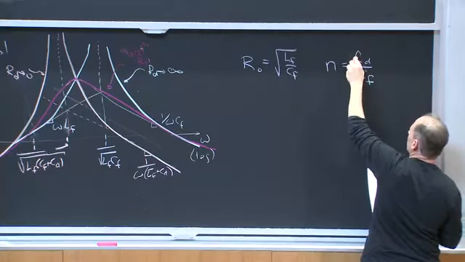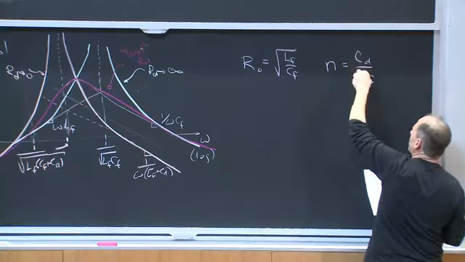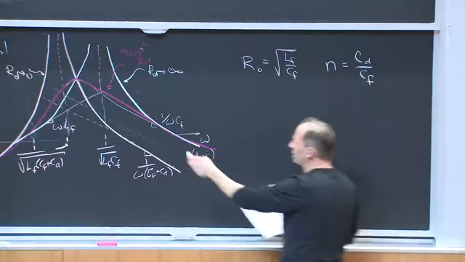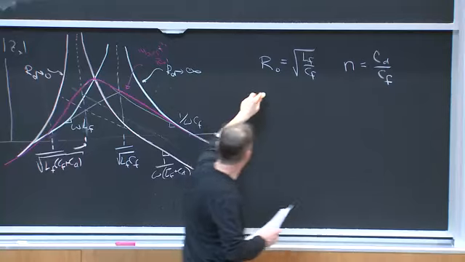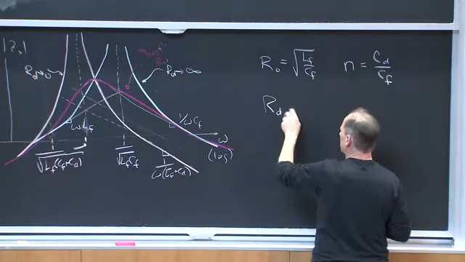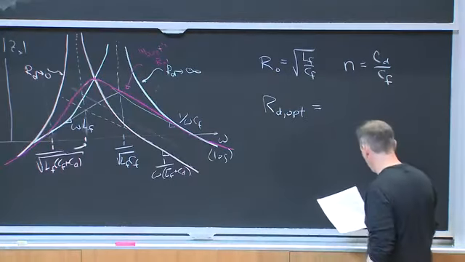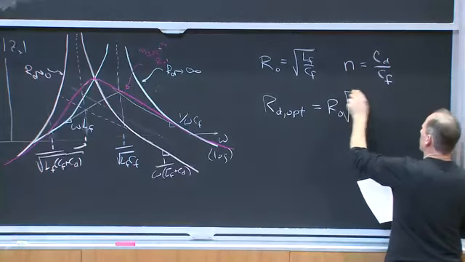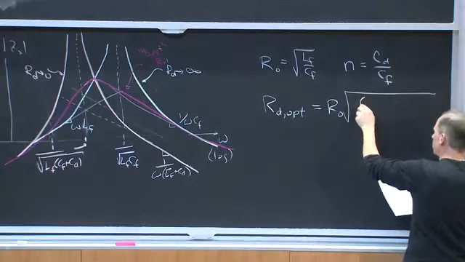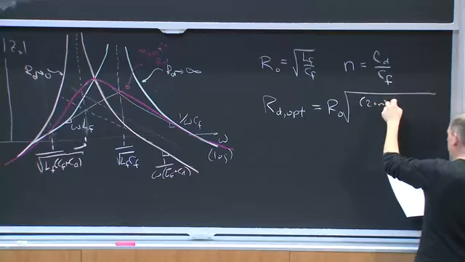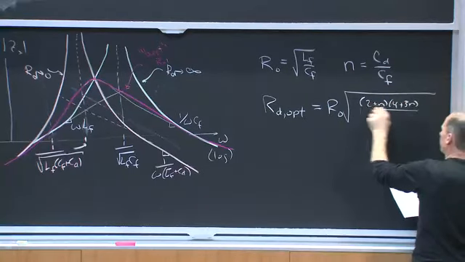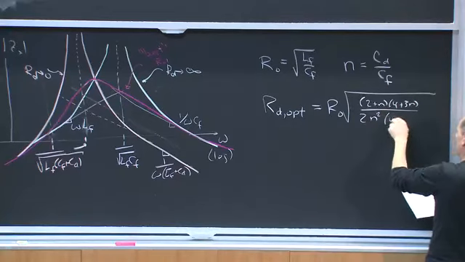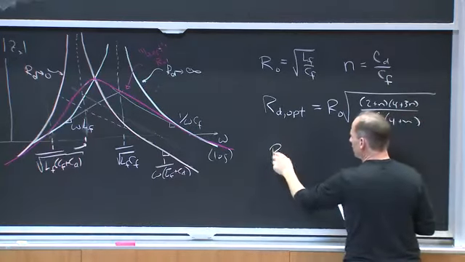That's how much bigger the damping capacitor is compared to the filter capacitor. What you can see is that RD opt is equal to R naught times the square root of 2 plus n times 4 plus 3n, divided by 2n squared times 4 plus n.